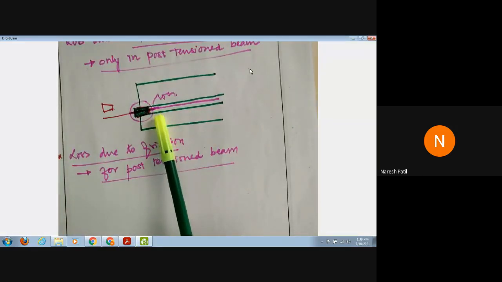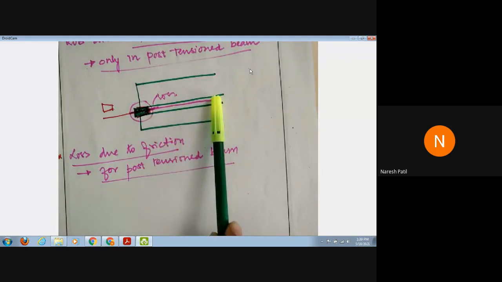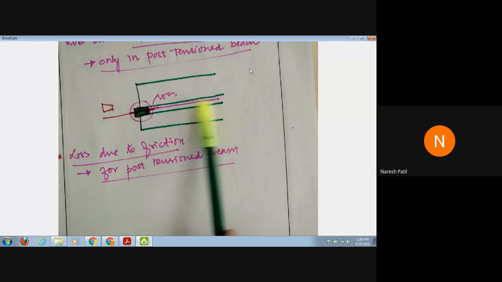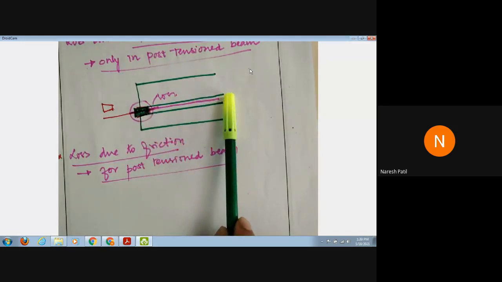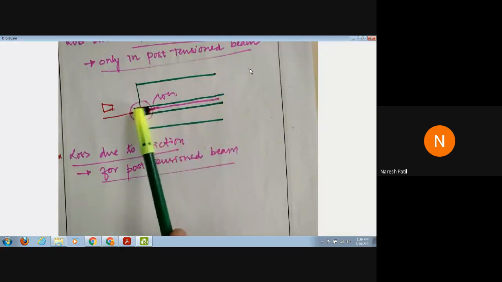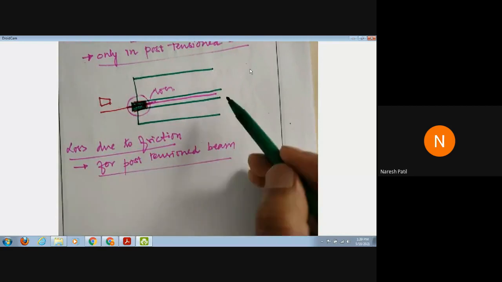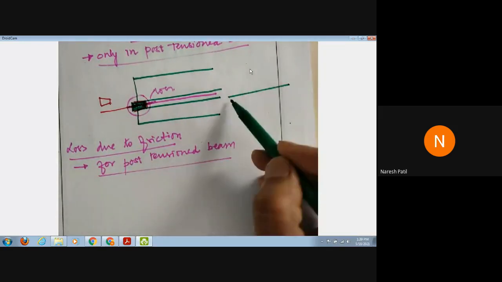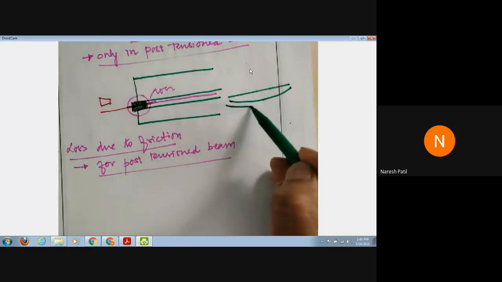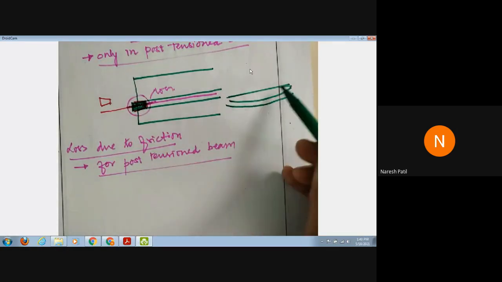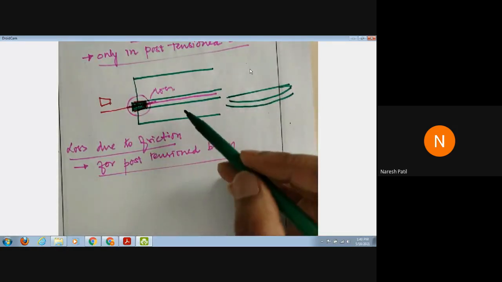The tendons are passed through the ducts, which are pre-formed or prefabricated into the concrete. The ducts are either straight, or, as I just discussed in one problem, the profile may be parabolic. Look, it can be parabolic also, it is not necessary that it will be straight. Just now I solved one problem for the pressure line method.